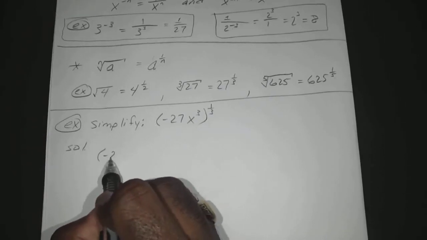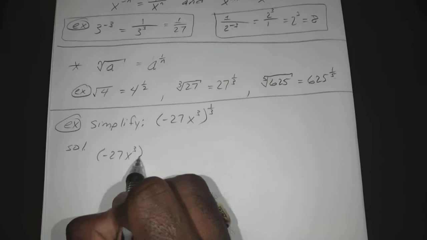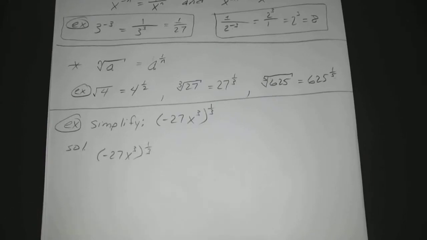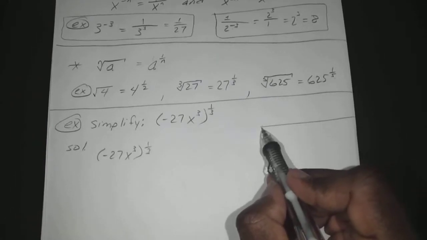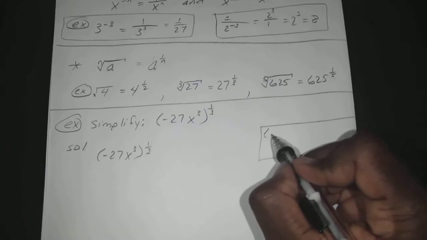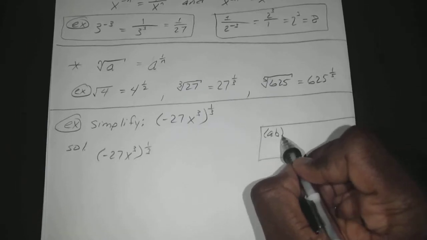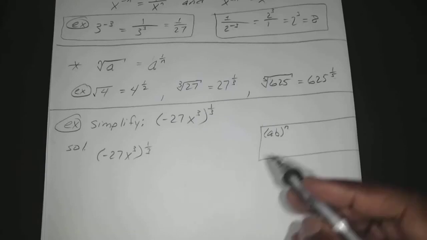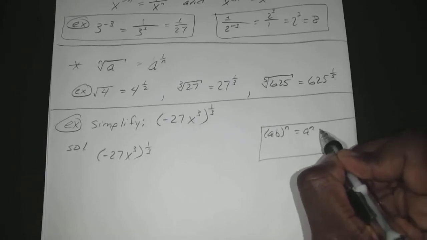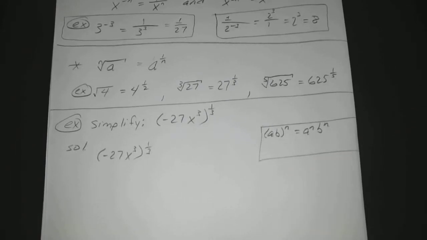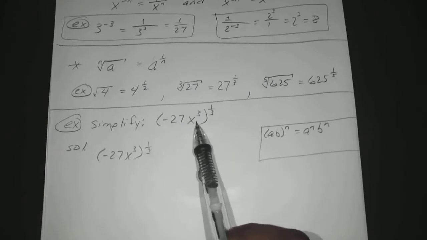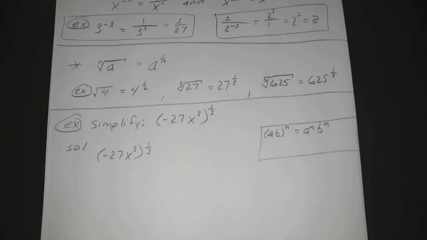We're going to look back at the rule that a times b to the nth power is a to the n times b to the n, which means we're going to get that exponent and just distribute it to both of those factors.